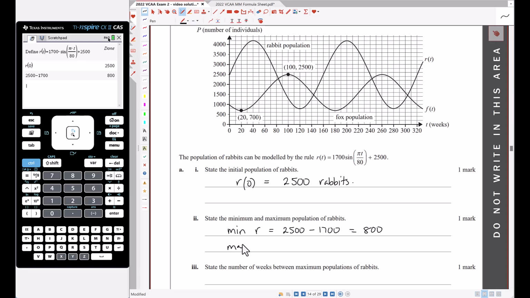And the maximum value of r, so the maximum population of rabbits, is 2,500 plus 1,700. So 4,200 rabbits.